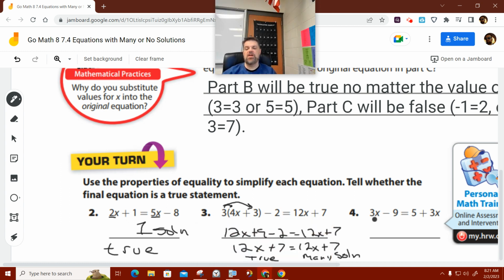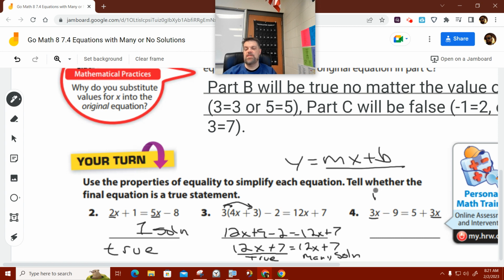Now, what about number 4? We look at the slope. When I say we look at the slope, you have to make sure that it's in the form y equals mx plus b. Over here it wasn't quite there yet, but Mr. Adams made it look like that. So my slope is the same, right? But different intercepts.